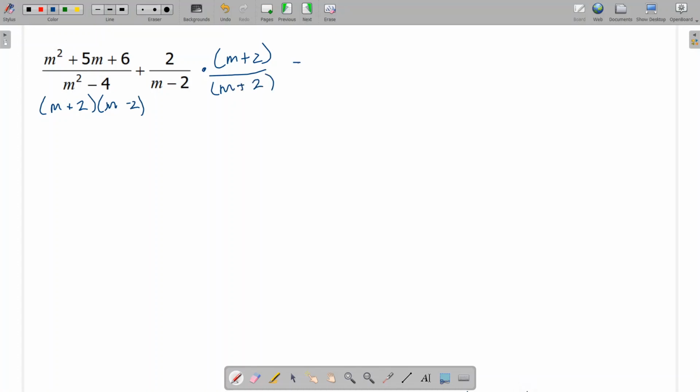So let's see what we have. I'm going to go ahead and factor this numerator as I'm going along, just because I noticed something here that maybe will help make this problem a little bit easier.